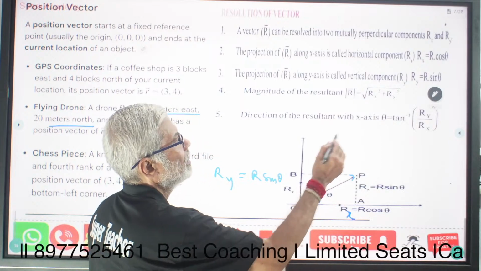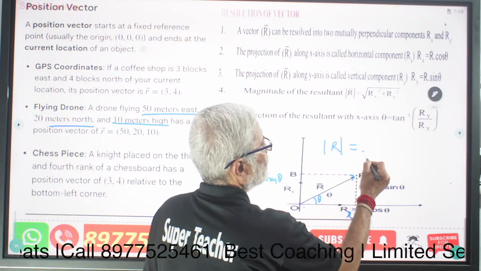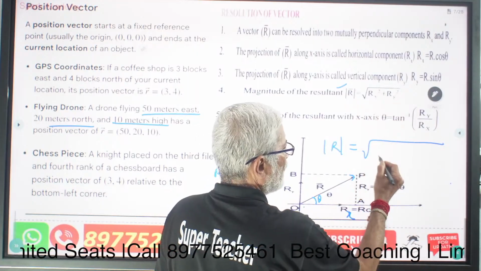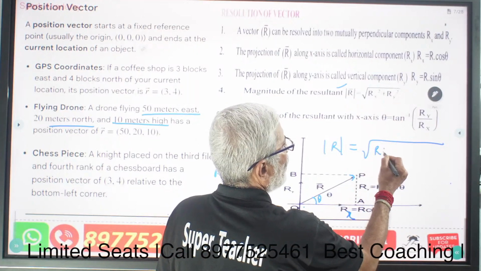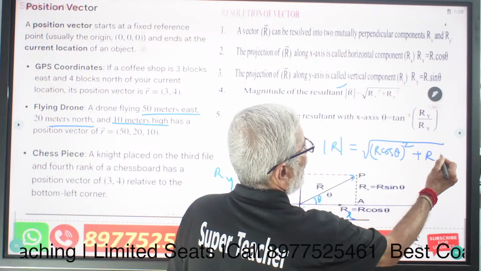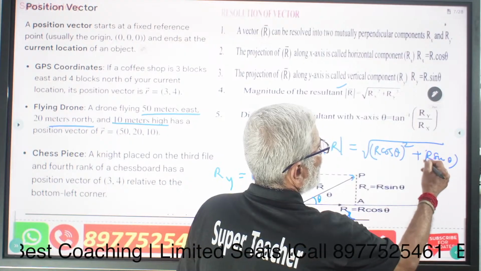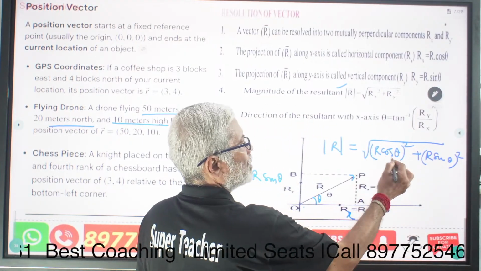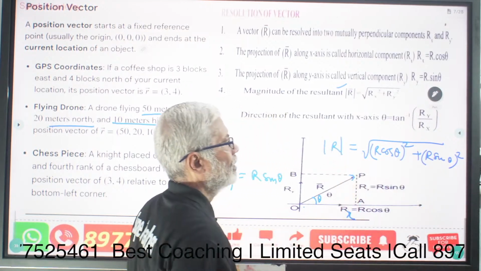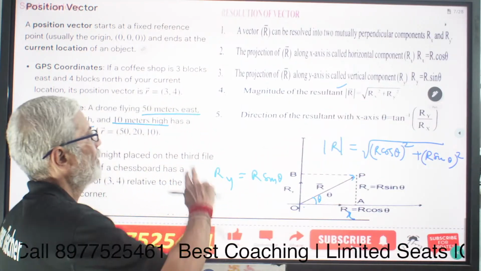The magnitude is the square root of rx square plus ry square, that is, r cos theta whole square plus r sin theta whole square. When you simplify, r square is common, cos square theta plus sin square theta is 1, and the square root of r square is r only. So this is the magnitude.